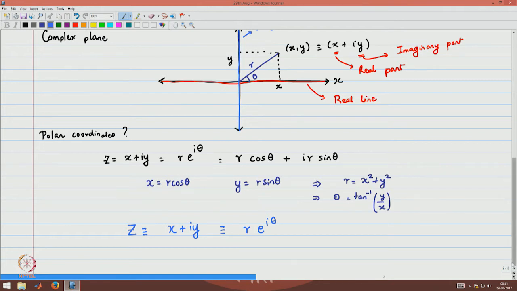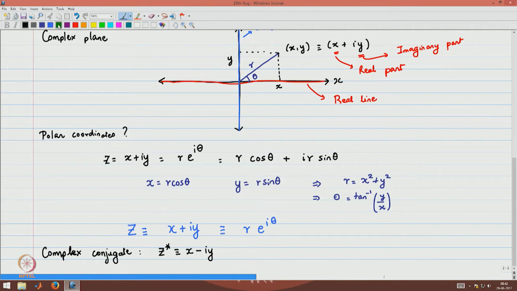All right. Now, one more thing I want to mention right here when we are talking about complex variables. Corresponding to a complex variable, there is a concept of a complex conjugate. So z star is given by x minus i y, and in the complex plane you can see what happens.